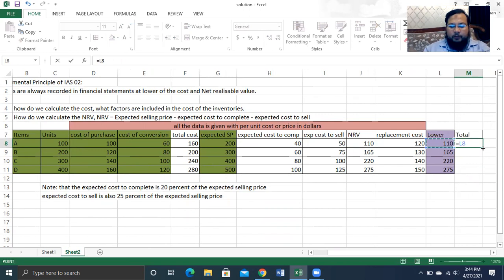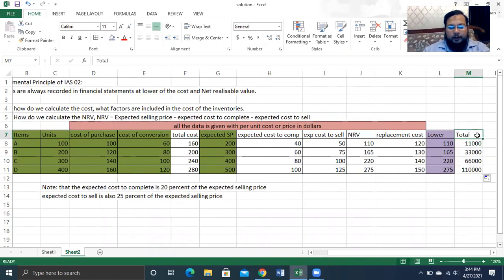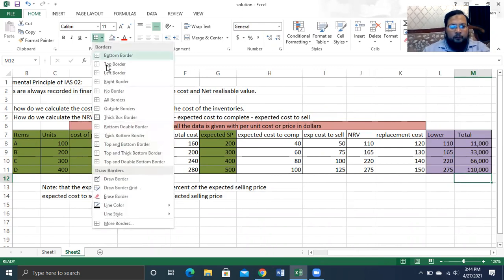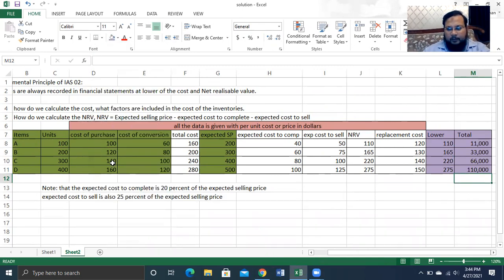So we multiply this per unit price, sorry, cost, with the units, and then we find all the values of the inventories which are required to be reported in the statement of financial position. So finally you will take the total of this value, which is equal to the sum. Yes, so this is the total which will be reported in the statement of financial position.